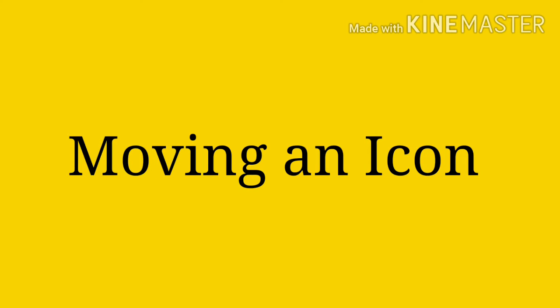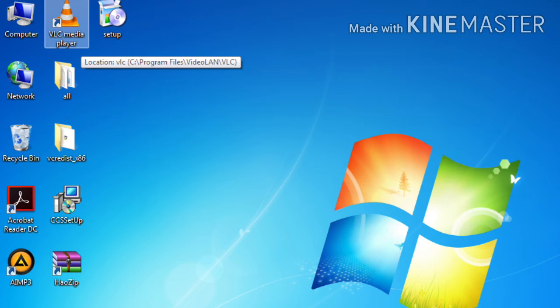The next is moving an icon. It's very simple. What you have to do? Click on the icon that you want to move, then left click and hold it. Hold the left mouse button and shift the mouse to move the icon to the desired location, that means the location where you want to move your icon.